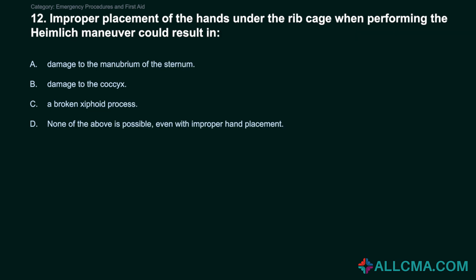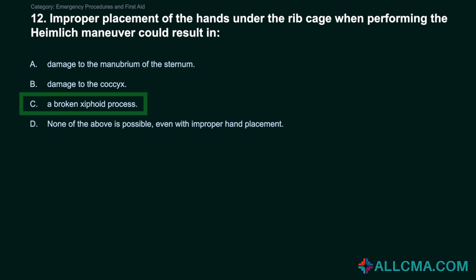12. Improper placement of the hands under the rib cage when performing the Heimlich maneuver could result in: A. Damage to the manubrium of the sternum. B. Damage to the coccyx. C. A broken xiphoid process. D. None of the above is possible, even with improper hand placement.